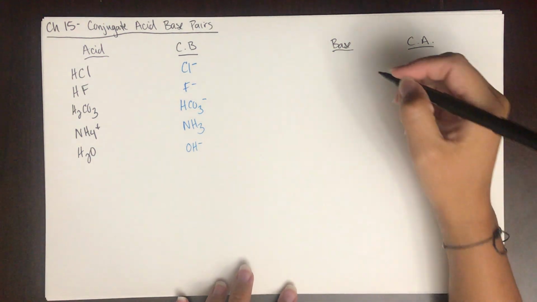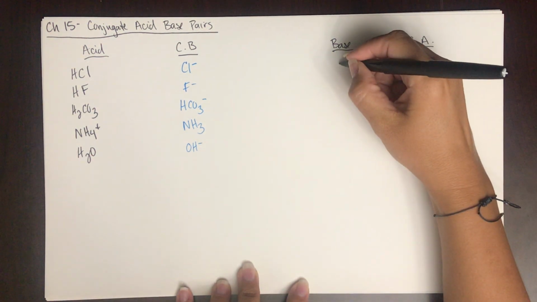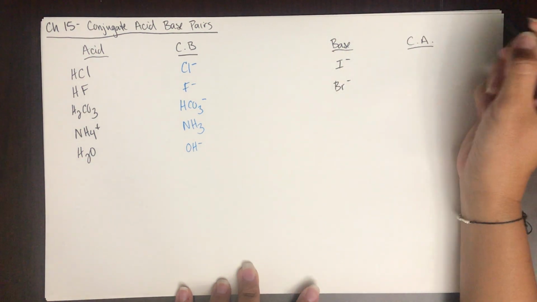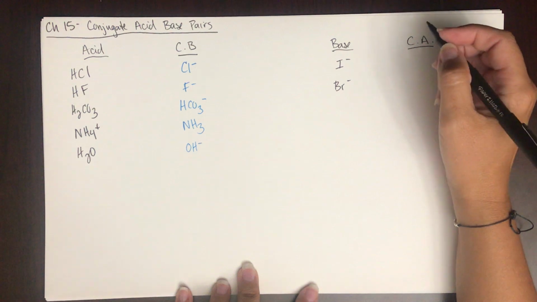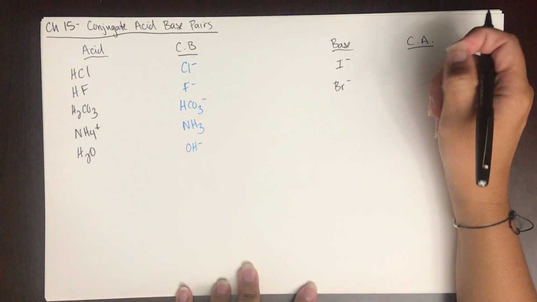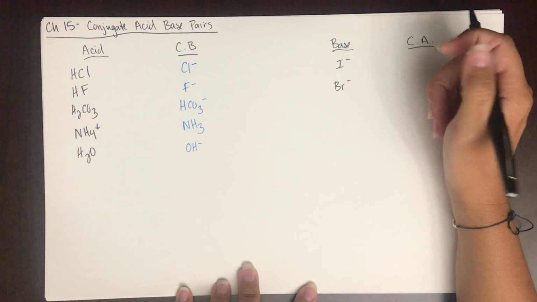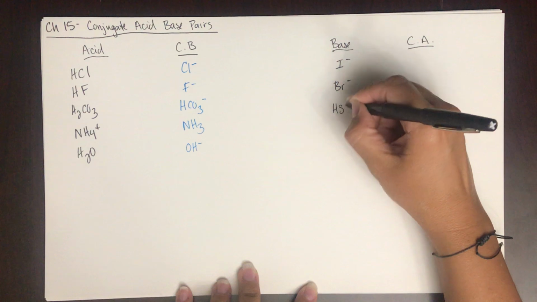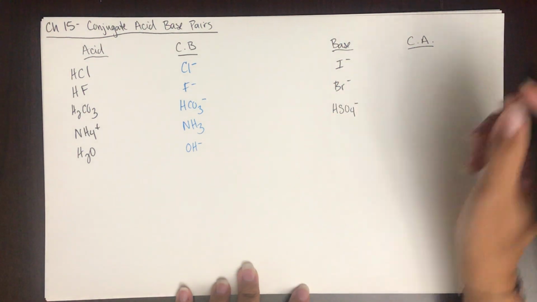Let's look at the iodide ion, the bromide ion. These are bases. And let's look at HSO4 minus.